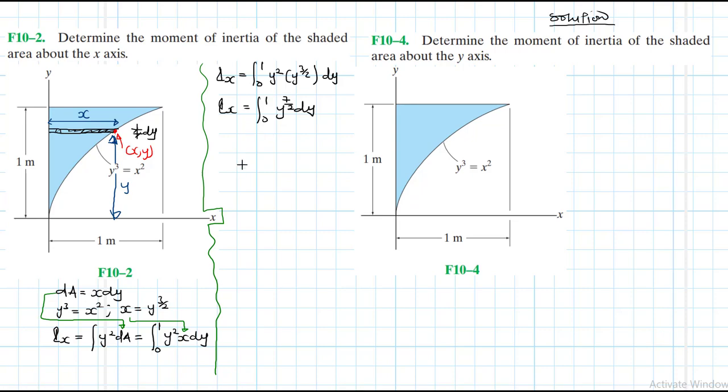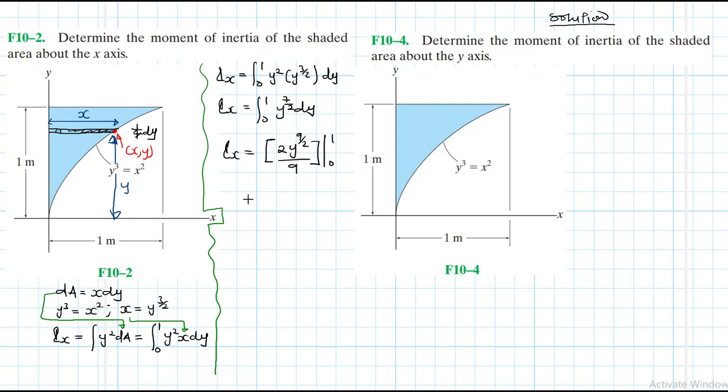dy. And integrating this, we're going to have 7/2 plus 1, that is 9/2. So we can factor out 9/2, like so, 2/9, evaluating this from 0 to 1.